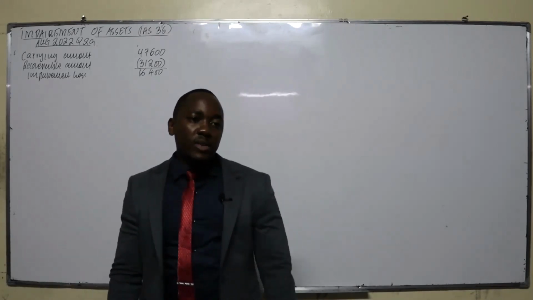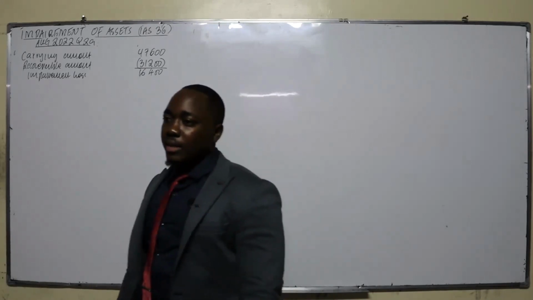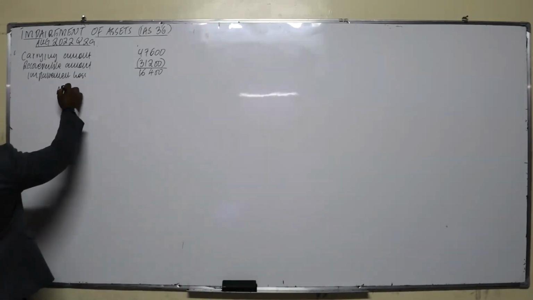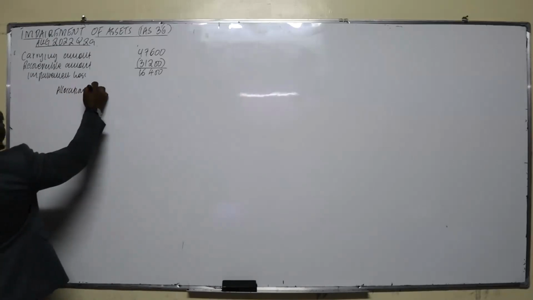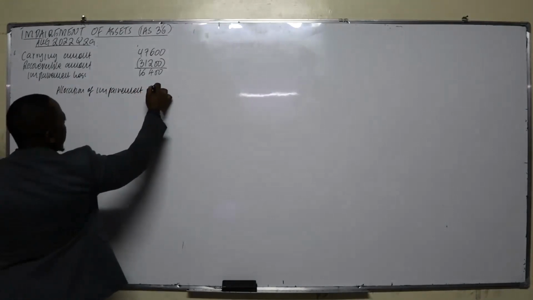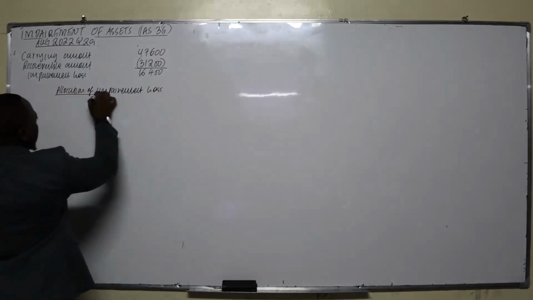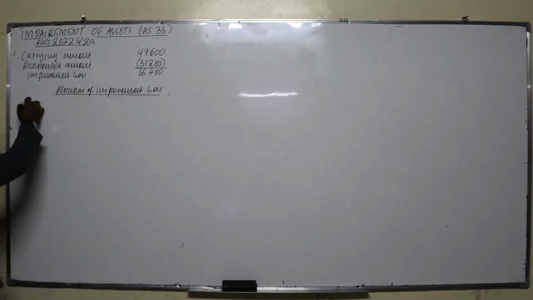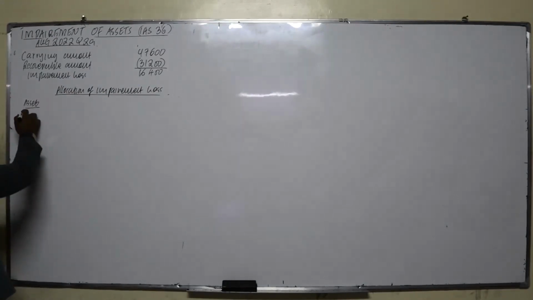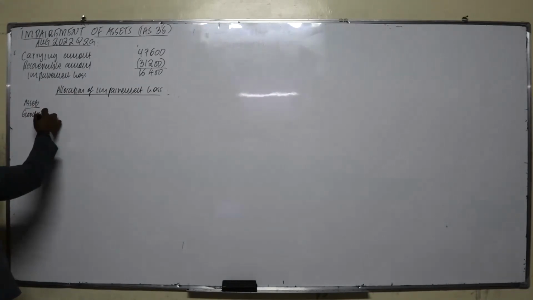This is a CGU. We have more than one asset. So how do you account for that? That's all about allocation. Allocation of an impairment loss. So we have the assets, and for the assets, we have goodwill. We have patent.